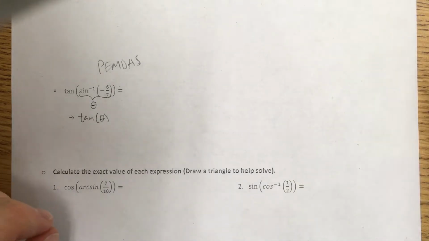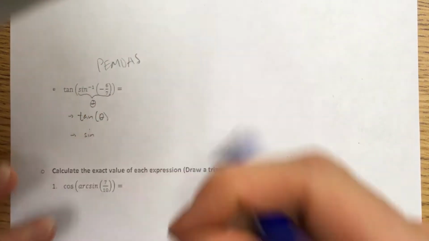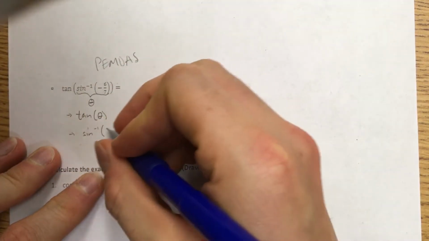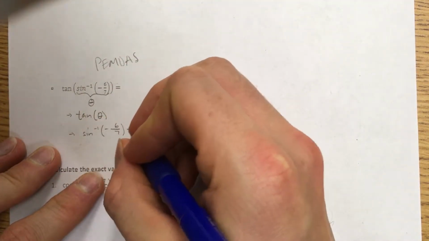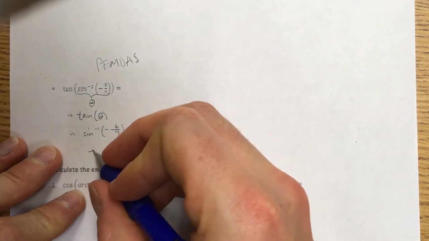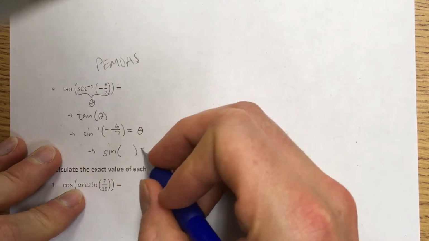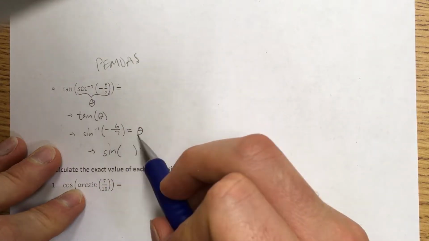That's what this is asking us to do. A lot's happening. Because the output is theta, I could rewrite it like this. Which means that because sine inverse and sine are inverses, the input and output switch.